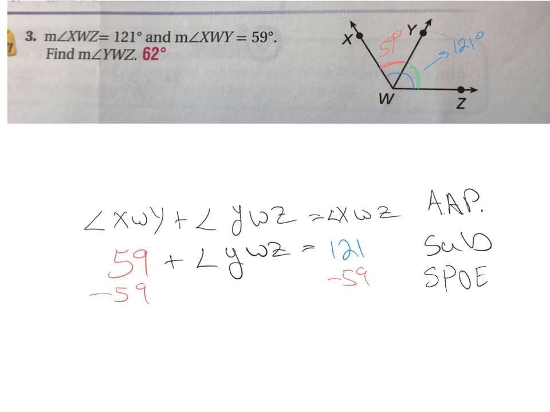And now we're left with angle YWZ equals, and then we do 121 minus 59, which is 62 degrees, which is the answer they have here. So we're good. And that would be QED. That's what we're going to write at the end of our proofs to say, yep, we proved it. Okay, that's just an example problem.